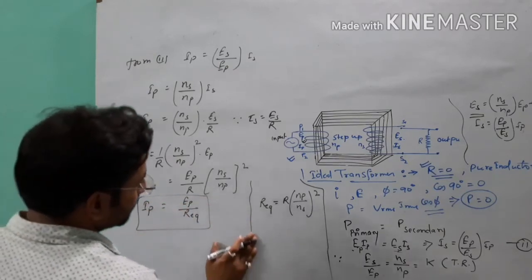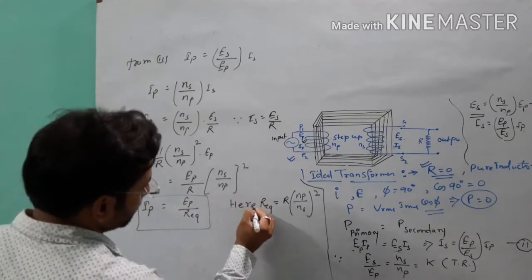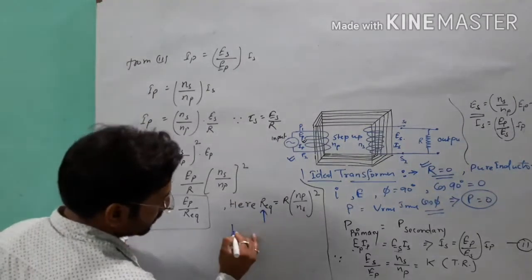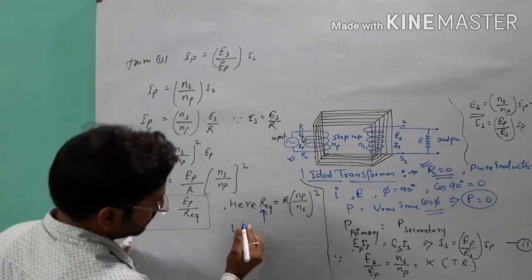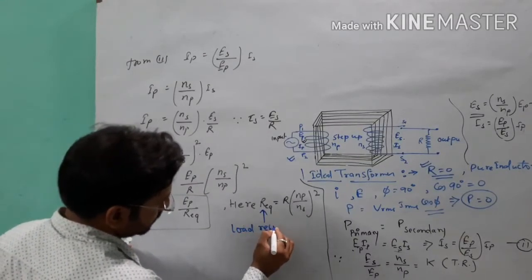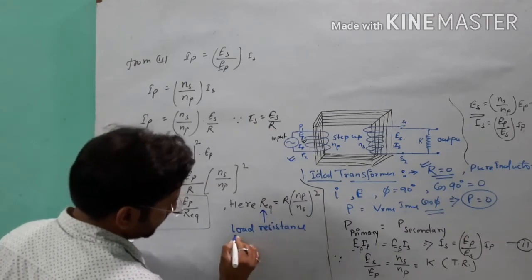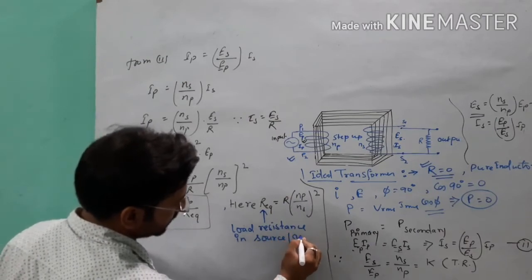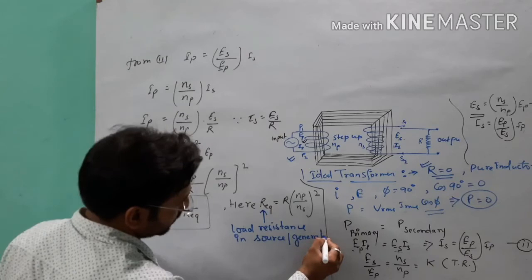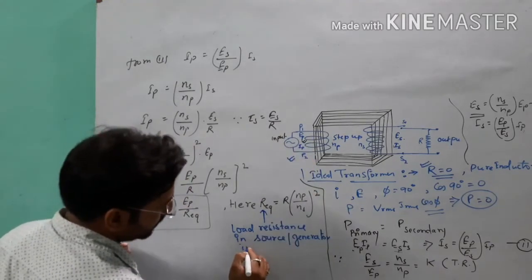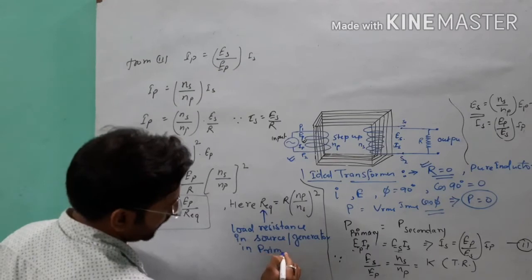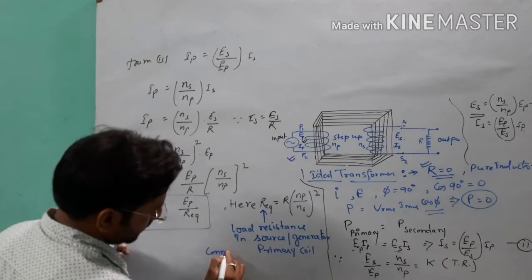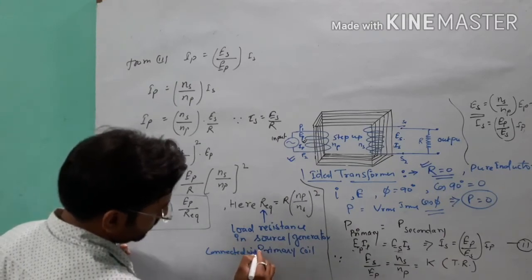Point clear? Here we can write R equivalent is equal to this, which is called the load resistance in the source or generator, which is providing the alternating source in the primary coil, or you can say connected with the primary coil.